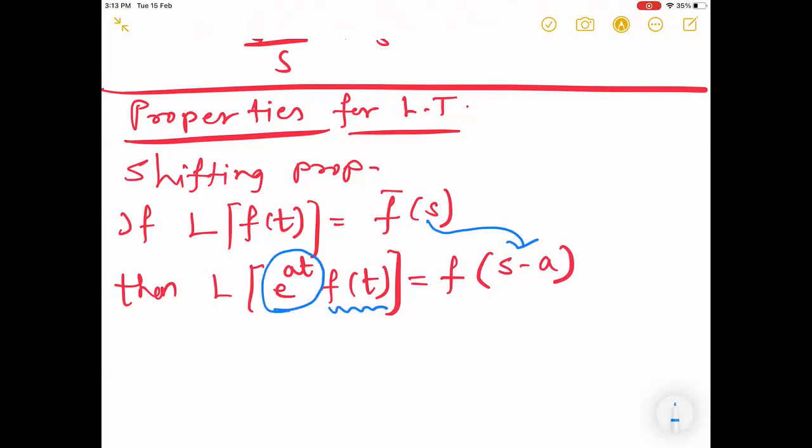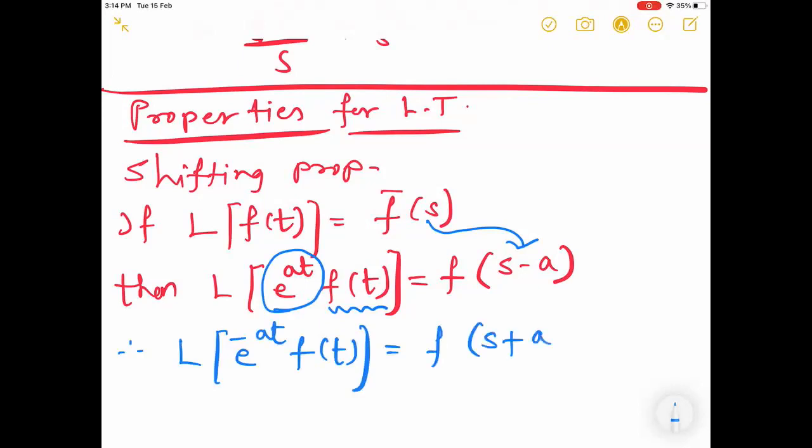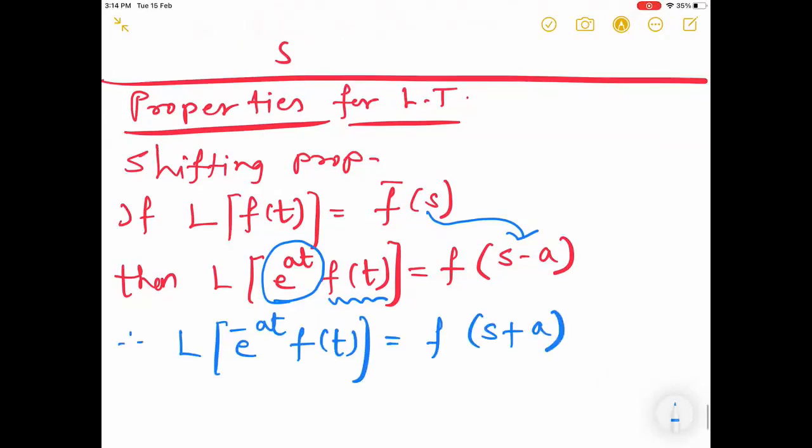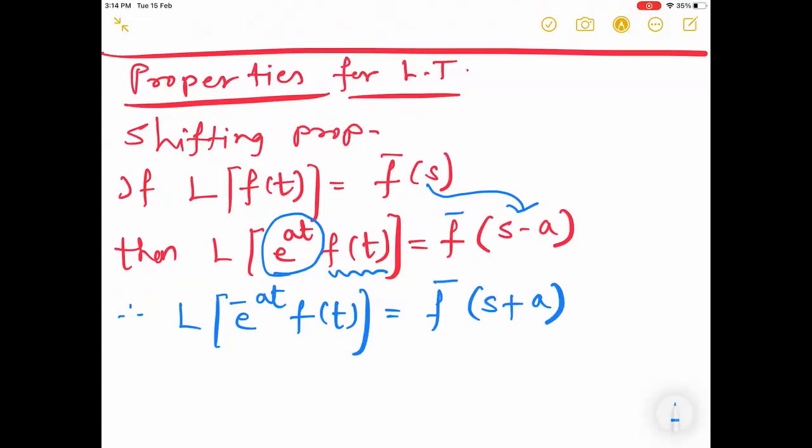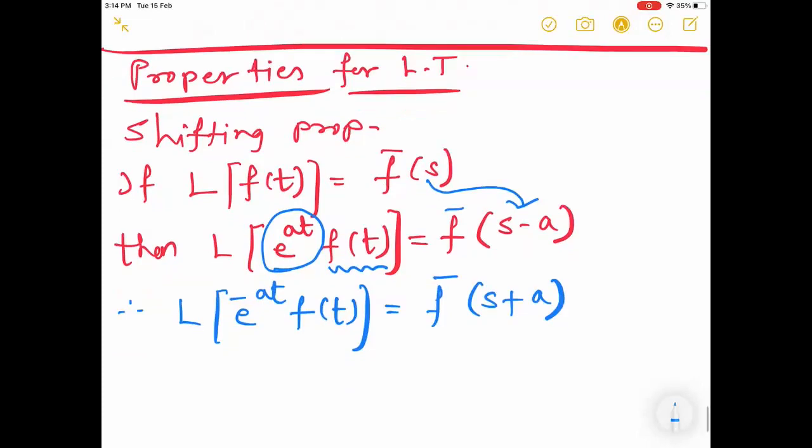Every time, if you know the f of t transform, then you only have to see whether it is multiplied with an exponential function; in the answer for f of t, you have to shift s to s minus a. So identify what a is and put it there. And therefore, if it is e raised to minus at multiplied with f of t, then certainly the answer will be f of s plus a. Actually we write f bar of s minus a, f bar of s plus a, like that. So this is the shifting property.